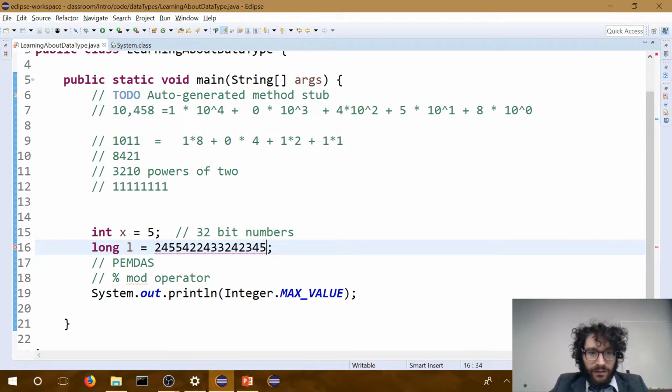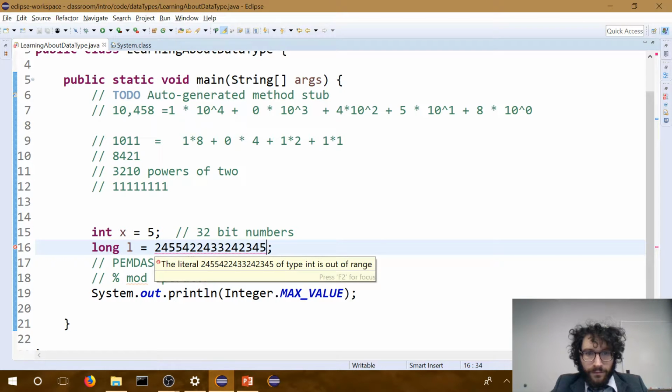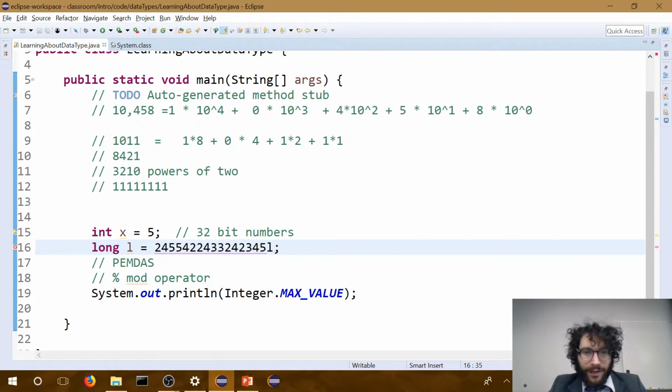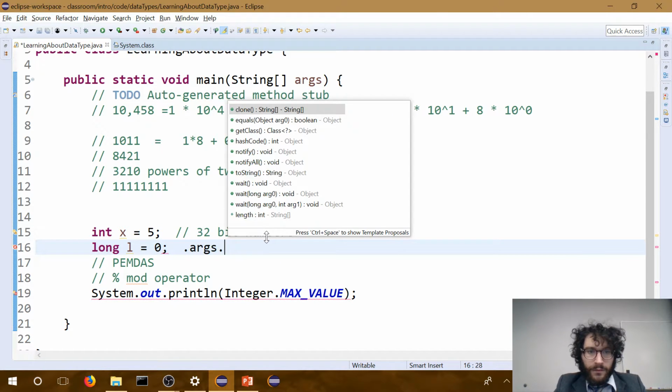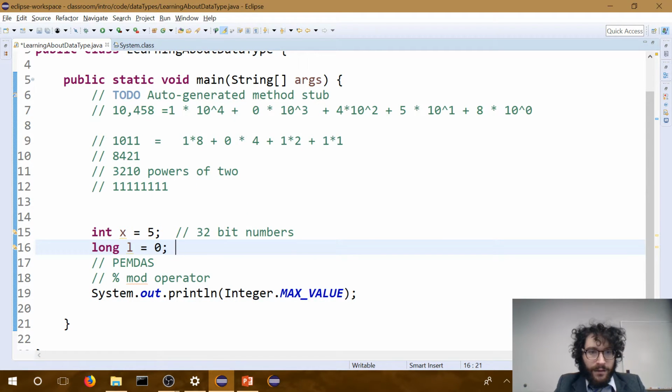Let's see. Don't tell me that's out of range for a long. I have to put L on the end. I didn't want to show you that, but whatever. Some long value. I'll just say 0 for right now. This is a 64-bit number.